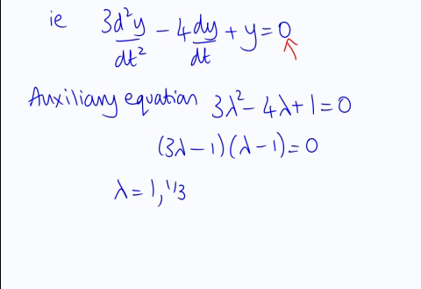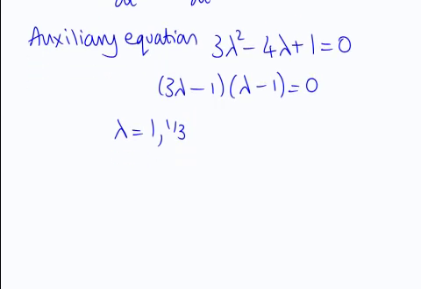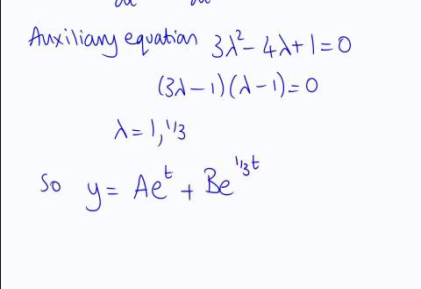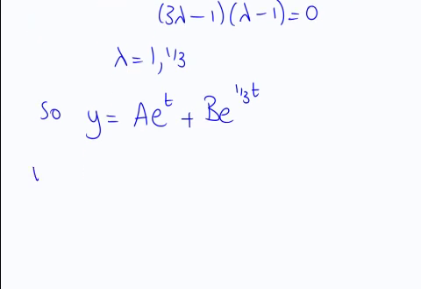The important thing to remember is that this differential equation we are solving at the moment has y in terms of t. And so when I write my complementary function, which is in fact the general solution, it's going to be y in terms of t. So I've got a e to the 1t plus b e to the third t, where a and b are arbitrary constants. And finally, I substitute back.